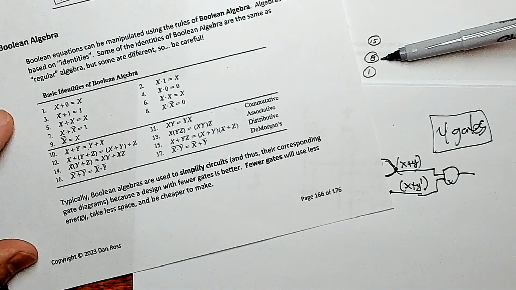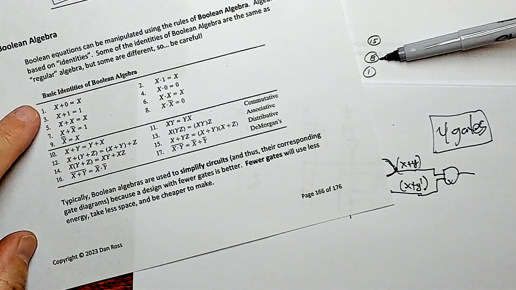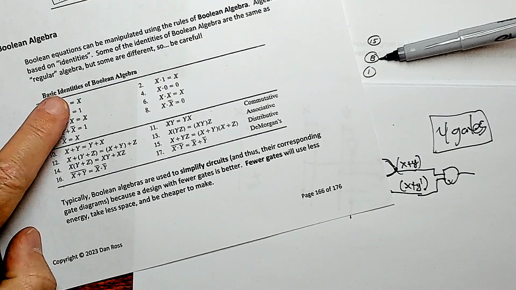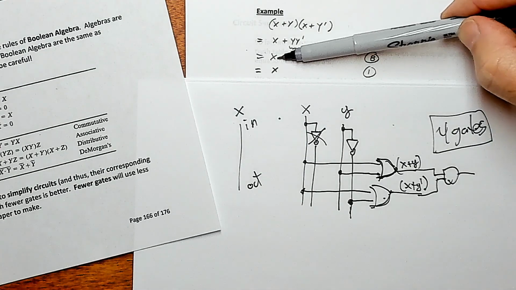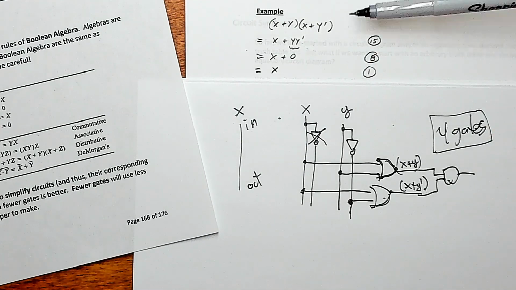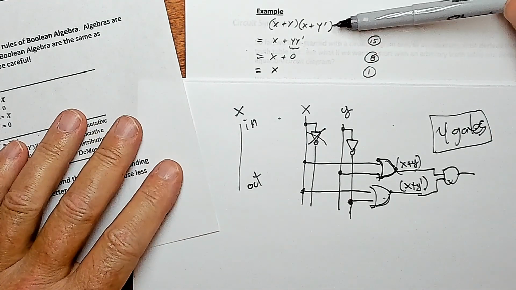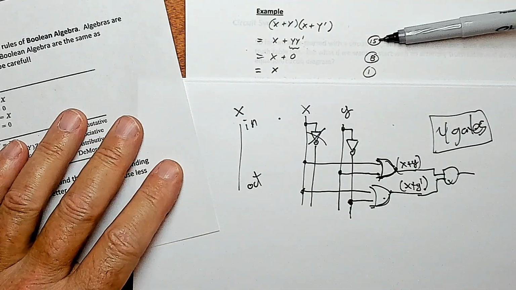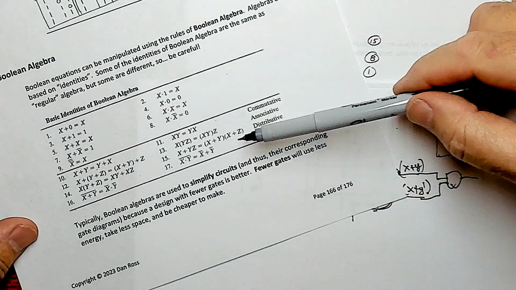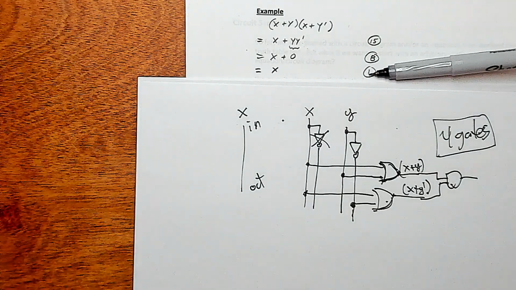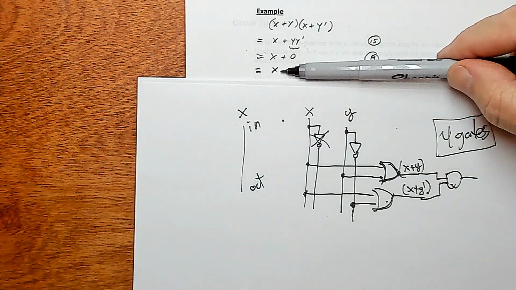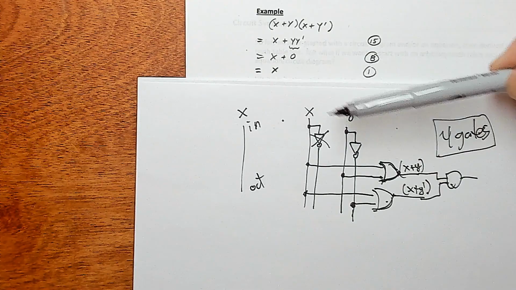And then lastly, identity 1 over here. If you OR something with 0, you just get that something. So here we're ORing x with 0, so we just got x. So, okay. Once again, algebraically, we've taken this 4-gate circuit and we've used these identities to reduce that to, in this case, 0 gates, which is way better than 4 gates.